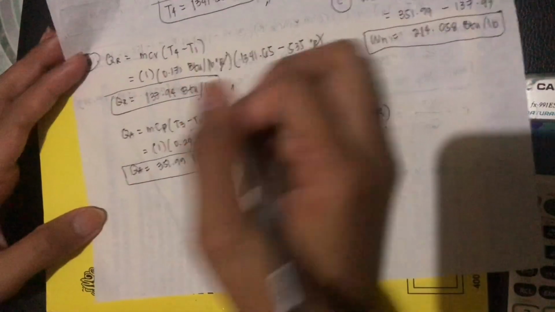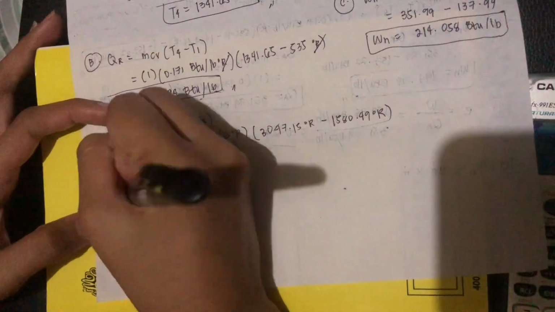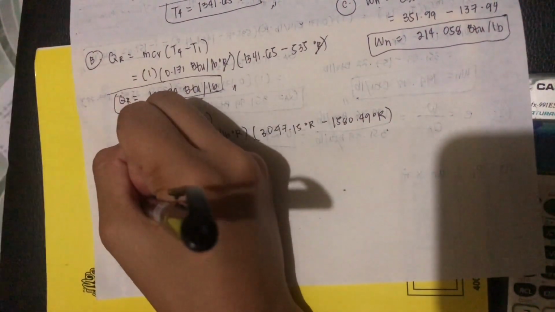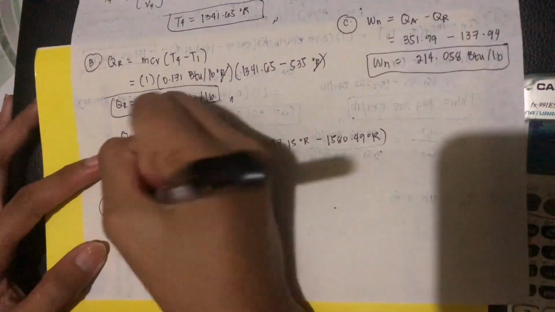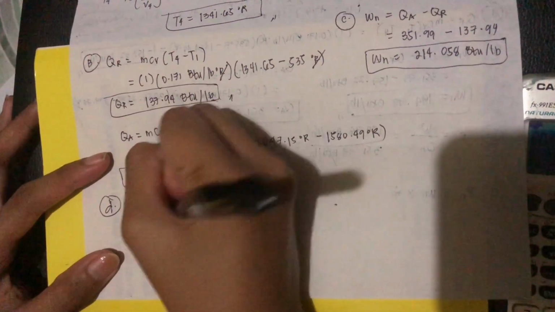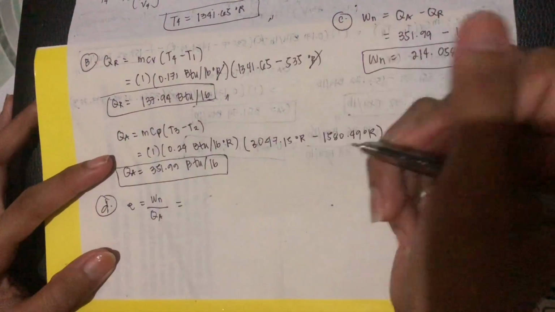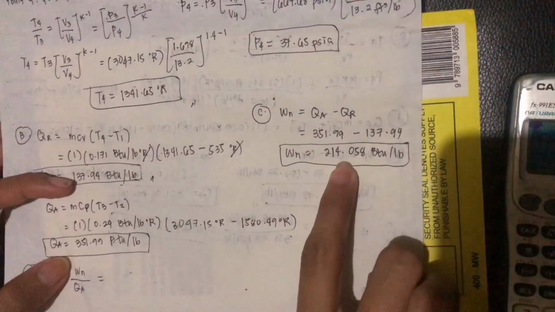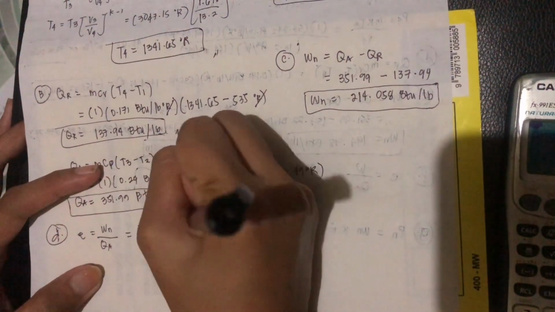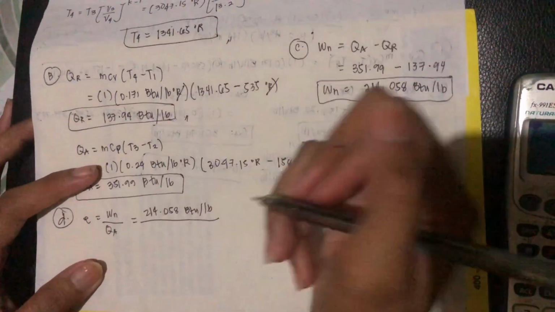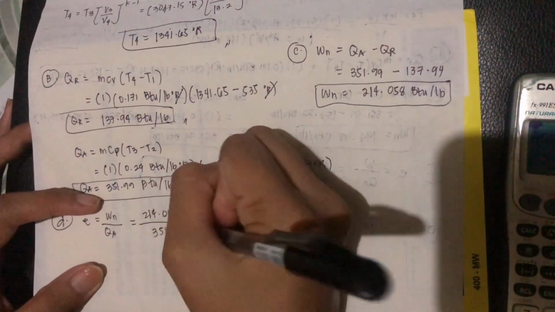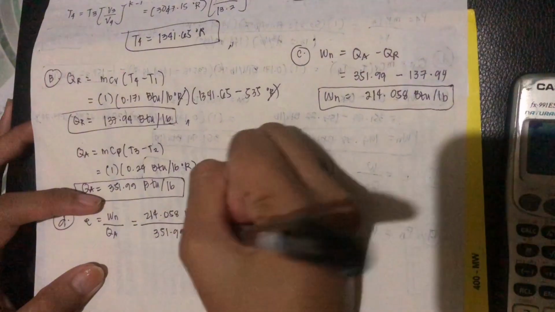Next is letter D. Next is the thermal efficiency. The formula for thermal efficiency, E, is equal to W net over QA. So we substitute: work net is 214.058 BTU per pound over our QA of 351.99 BTU per pound.